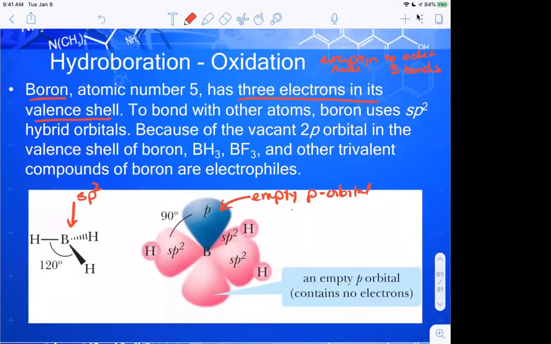So this is actually a Lewis acid. Because of this empty p orbital, my trivalent species are actually electrophiles. Remember, this is electron deficient. I do not have an octet. So that empty p orbital allows it to accept electrons and then sort of make it even more electrophilic.